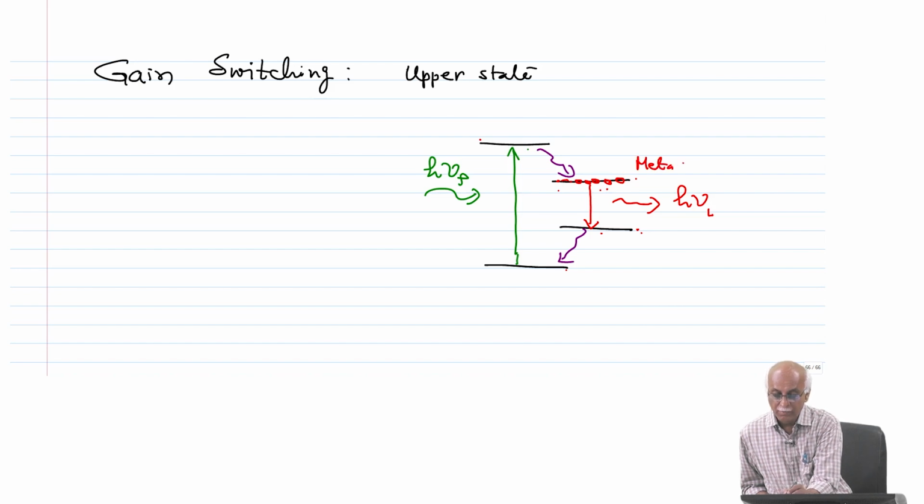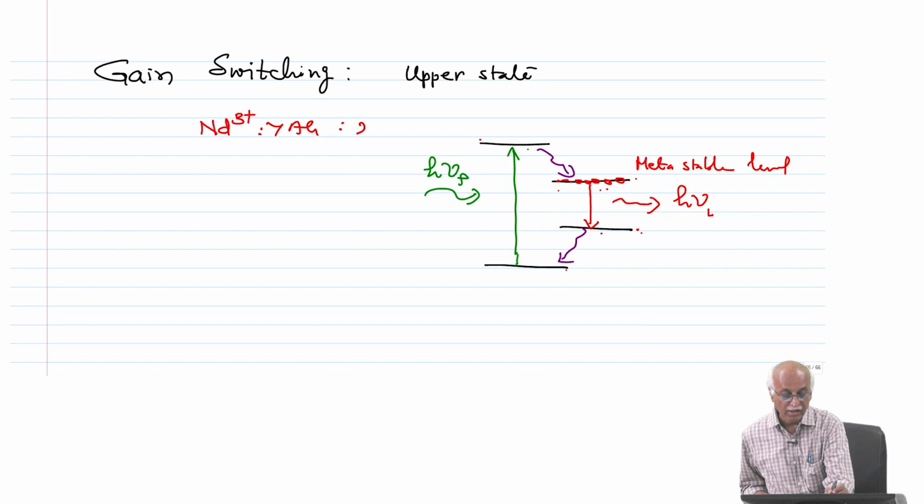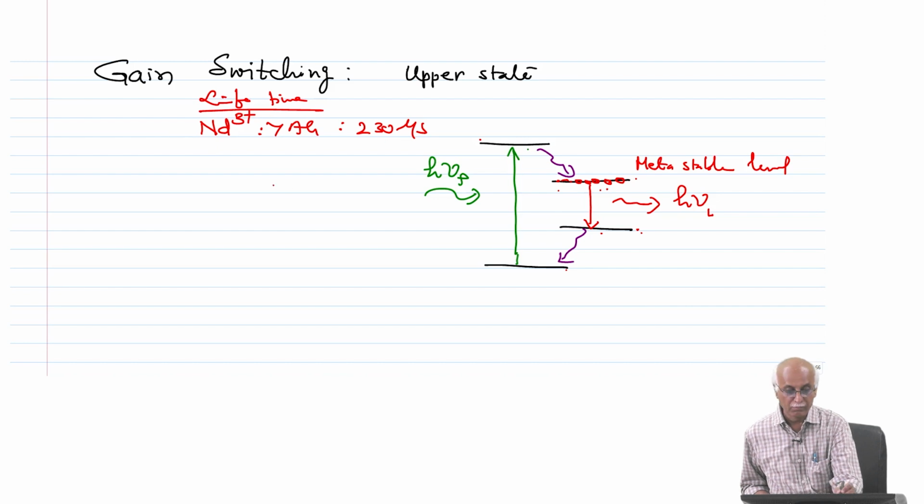Metastable level means it has a longer lifetime, so that spontaneous emission is quite slow. In the case of neodymium YAG laser, as I told you, the lifetime is around 230 microseconds, and we use the Q switching approach for such lasing materials.